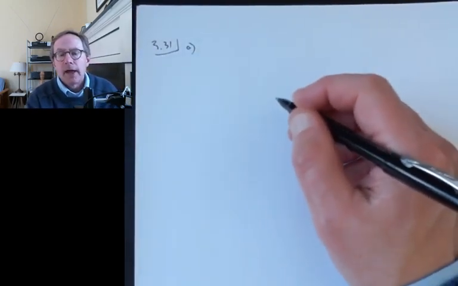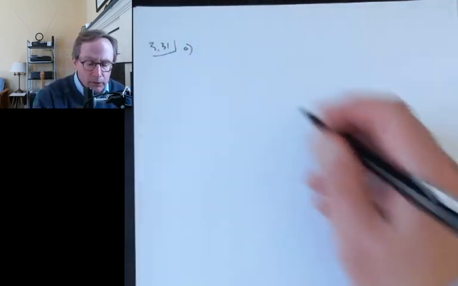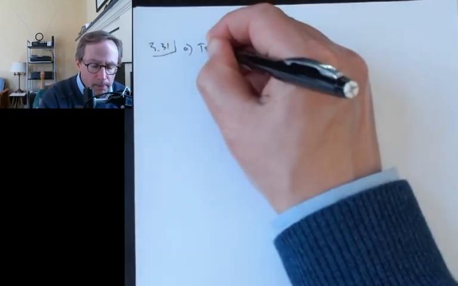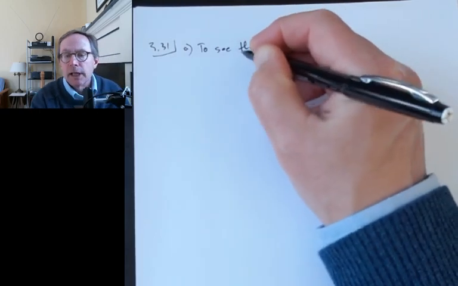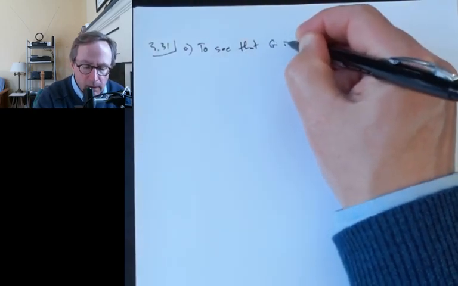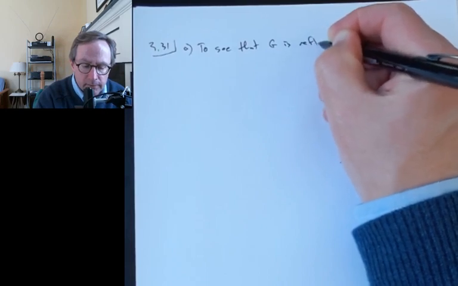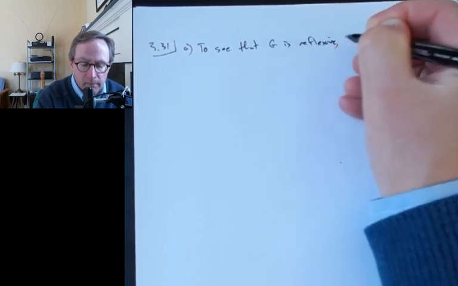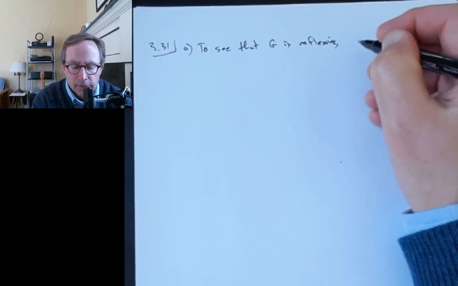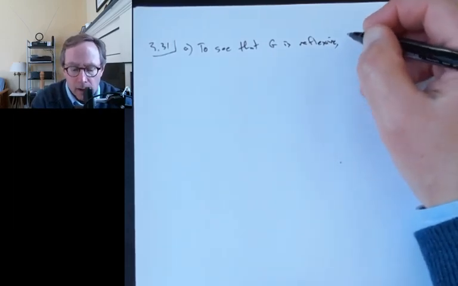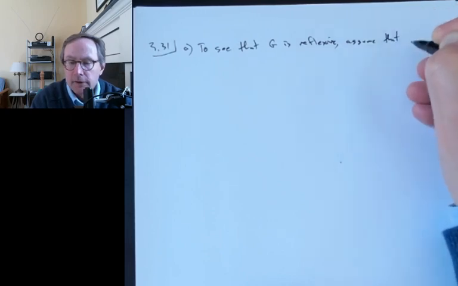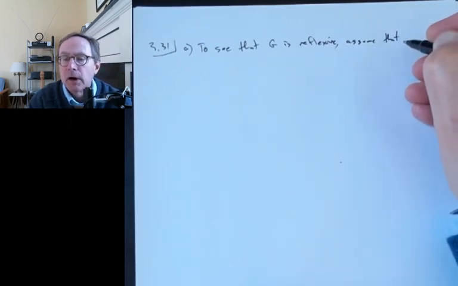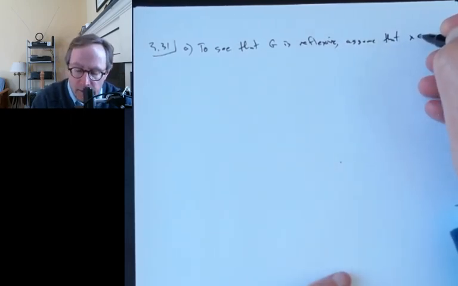So for reflexive, to see that the relation G is reflexive, all you've got to do is assume that x is an element of the integers.